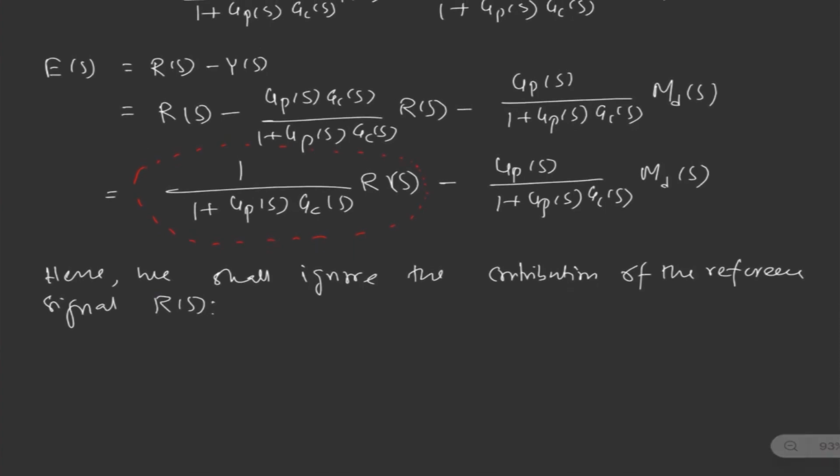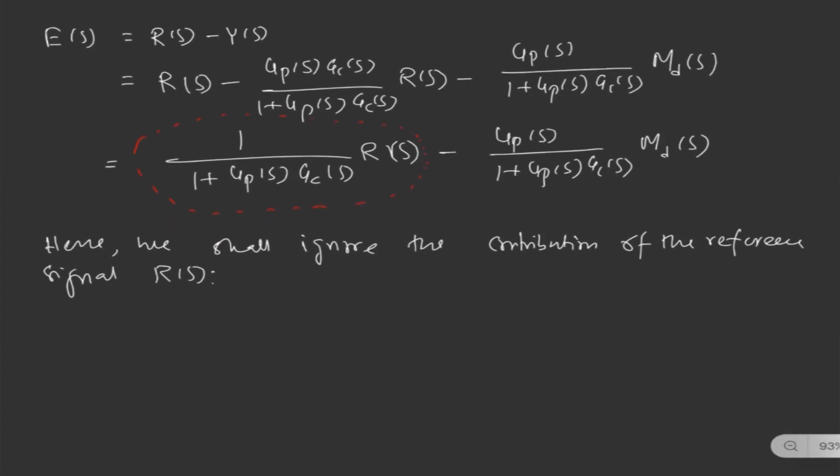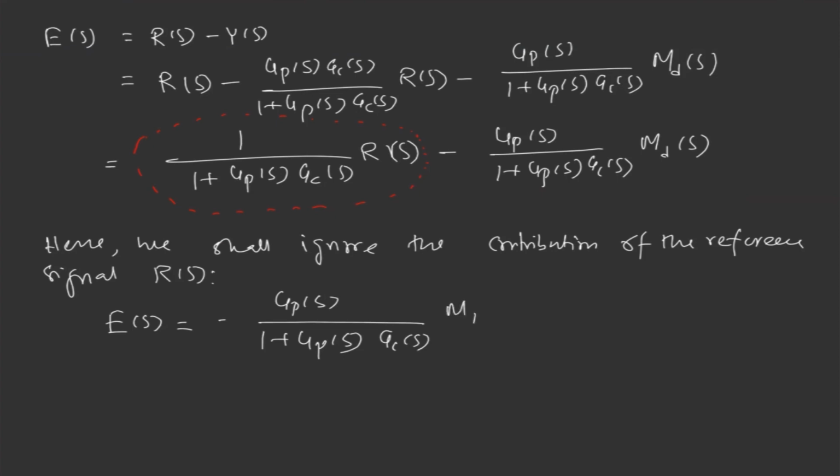Since we are dealing with a linear system, we can see the effect of individual reference signal or disturbance signal or noise on the system, and we can combine them together once we are done with the individual effects. So that's why we are going one by one. Now, our purpose here: E(s) equal to minus Gp(s) over 1 plus Gp(s) Gc(s), Md(s).